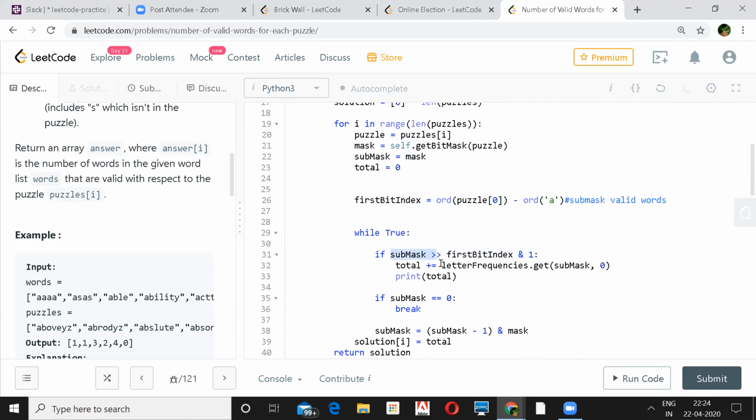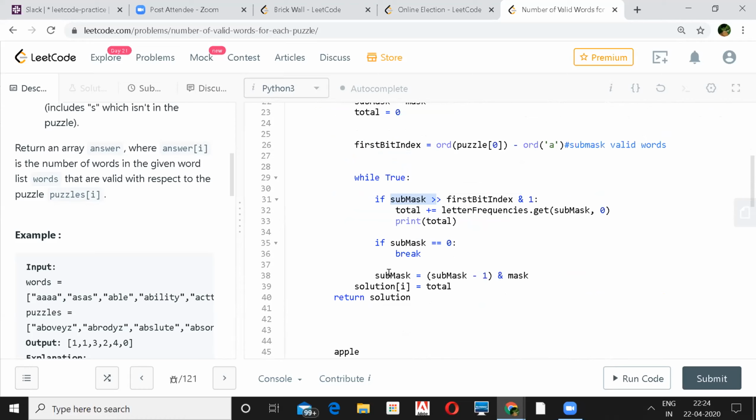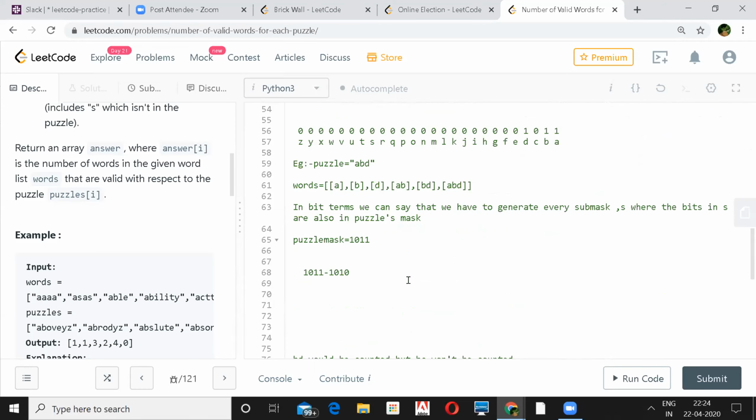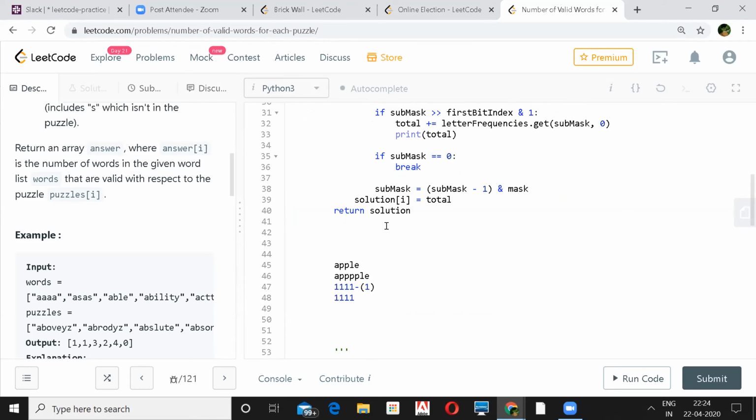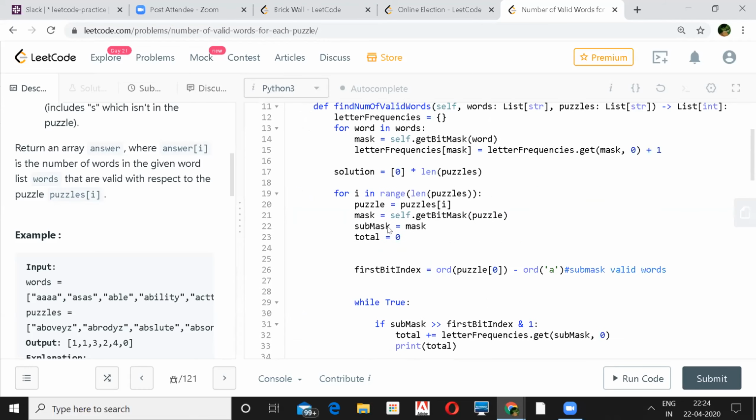and store it in the dictionary. And again, as I said, I'll generate all the possible masks out of it. Like if I start from 1011, I'll go till 000, till all the bits become 0. So I'll get all the possible permutations, because whatever word belongs to this particular first word of the puzzle will have the same mask, right?